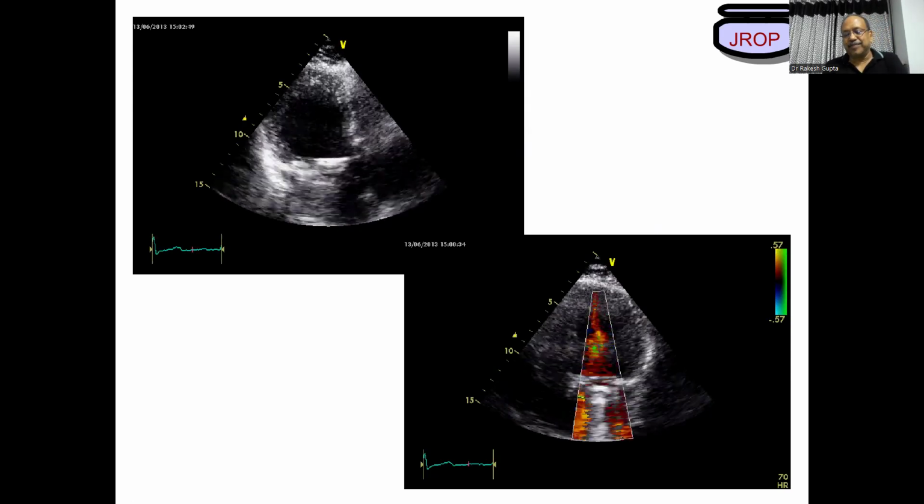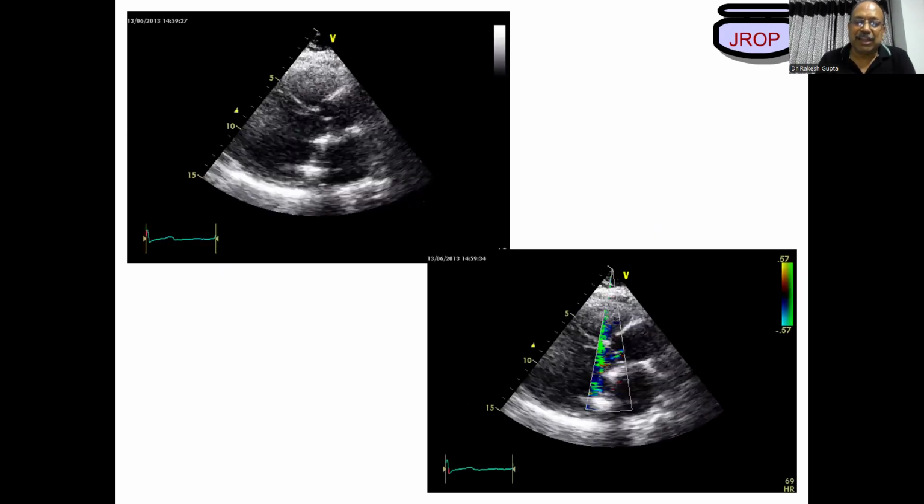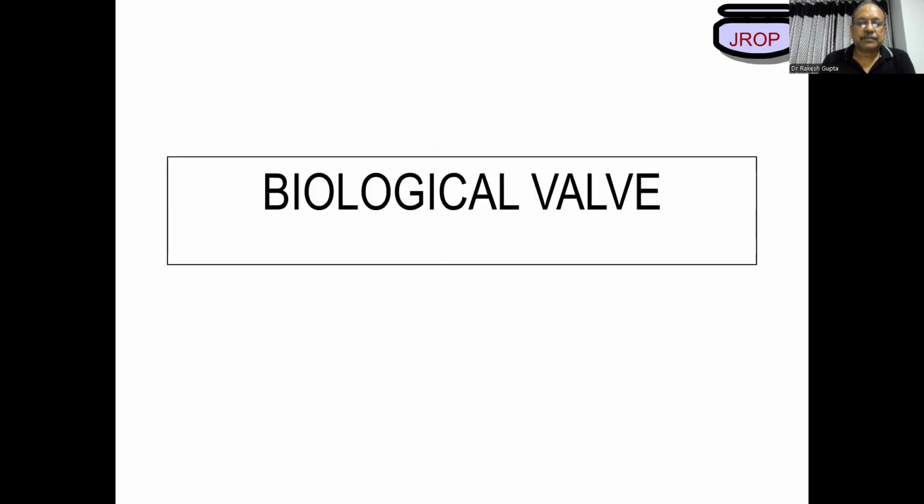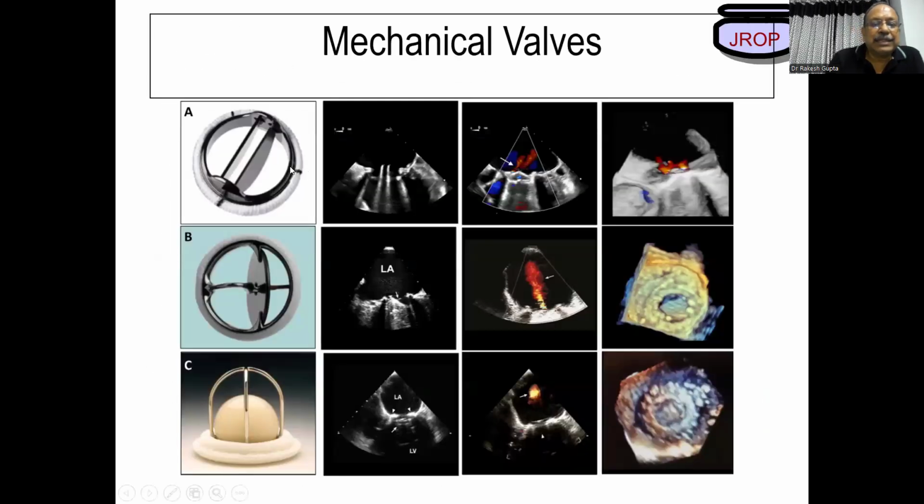If I go back to the metallic bileaflet valve, look, there'll be 3 jets coming. One from here, second here, and third here. If you take the jet velocity from the central point, it will be higher as compared to the peripheral orifices. So we have to align the beam according to the peripheral orifice rather than the central orifice.